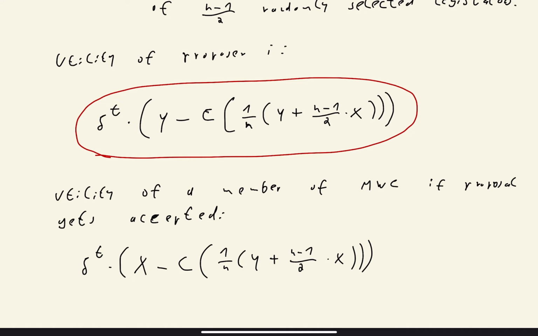So basically, you can think of the situation as him being pivotal. What is his utility if he is pivotal and accepting the proposal? If everybody else in the minimum winning coalition has accepted the proposal of legislator I, this one legislator can decide whether to accept or not. If he says yes, this would be his utility.